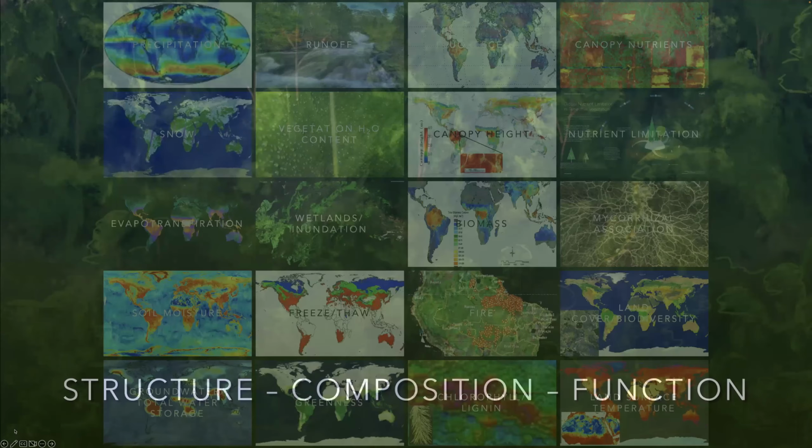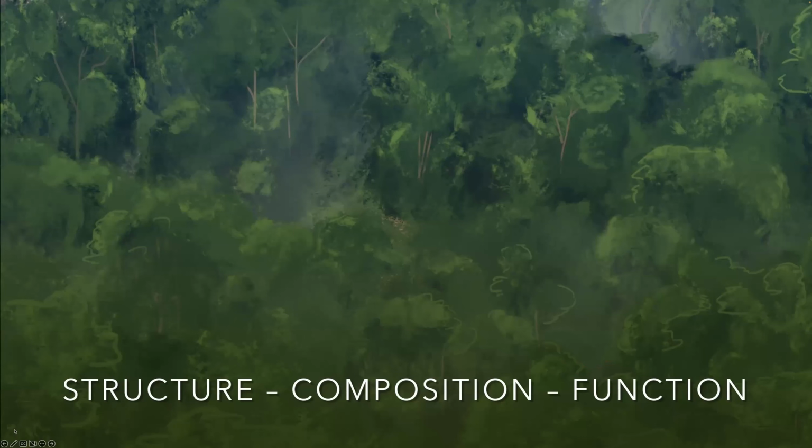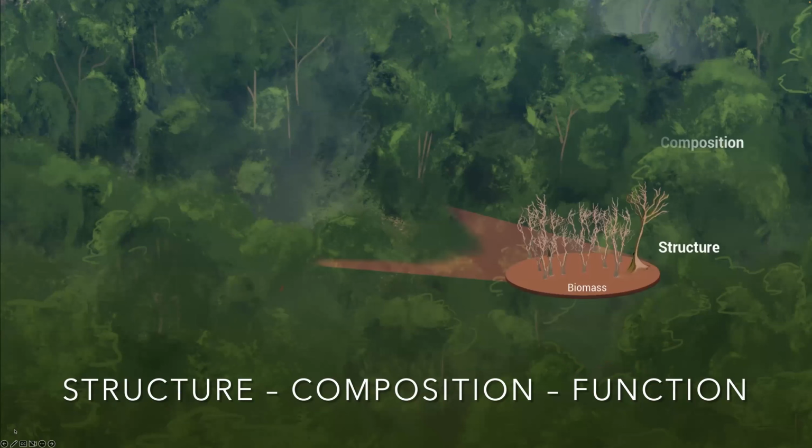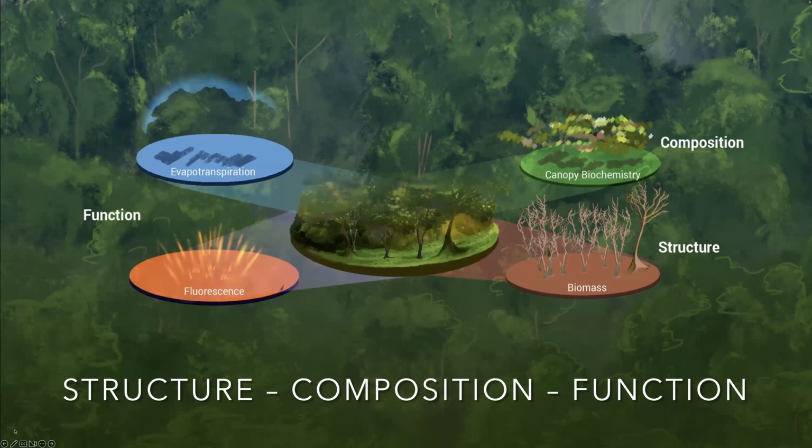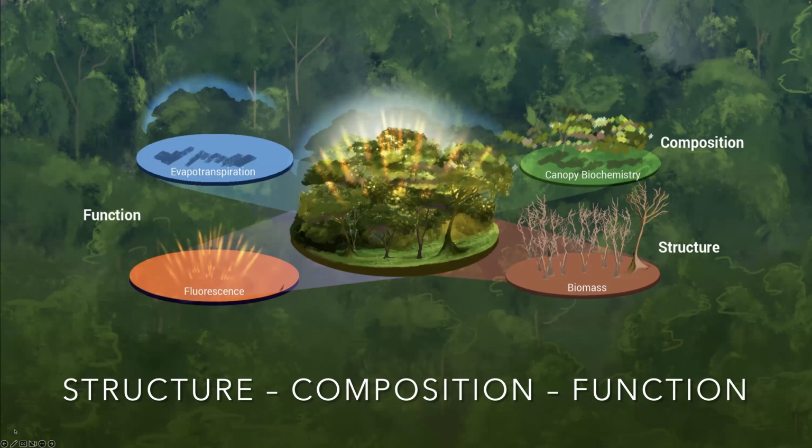Zoe had mentioned there's many lenses to looking at ecosystems, whether it's through structure, composition, or function. And when we put these lenses together, the true picture of ecosystems emerges, spotlit by different forcing factors.